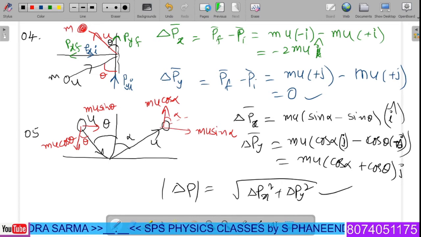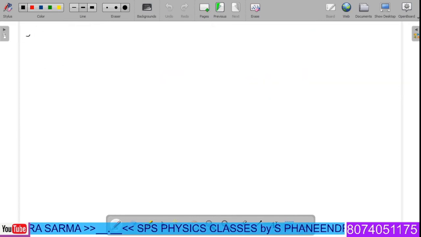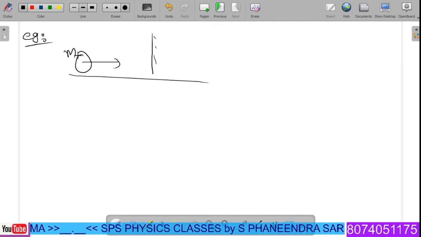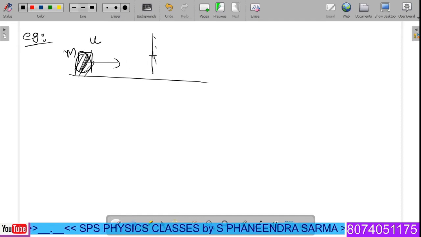Let us see one simple example question. Suppose here is a wall and an object of mass m is moving with a speed of u towards the wall and returns back with a speed of v.